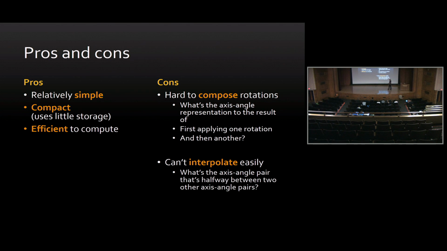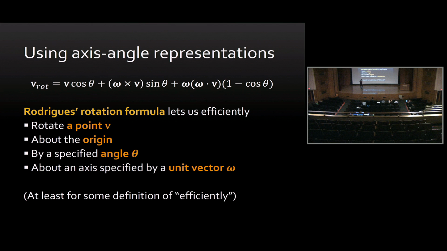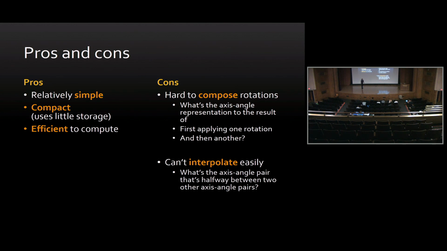The advantages are it's simple by the standards of rotation math. It's compact. You're only using 3 numbers or maybe 4 to represent what the rotation is. So it doesn't take up very much RAM. That's very good. And it's basically as efficient as you're going to find for computing what the answer is. That's also good.